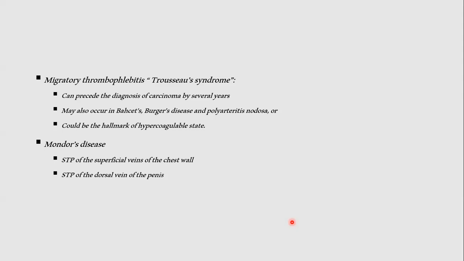Mondor's disease is another special form of superficial thrombophlebitis affecting the superficial veins of the chest, and this disease can also describe superficial thrombophlebitis in the dorsal vein of the penis. This is the picture. It shows superficial thrombophlebitis of the veins of the chest wall in a case of Mondor's disease.